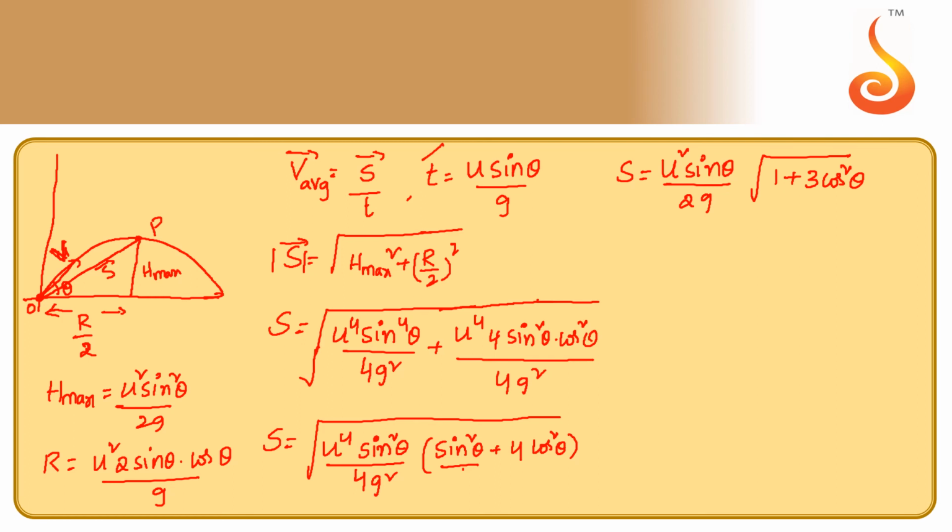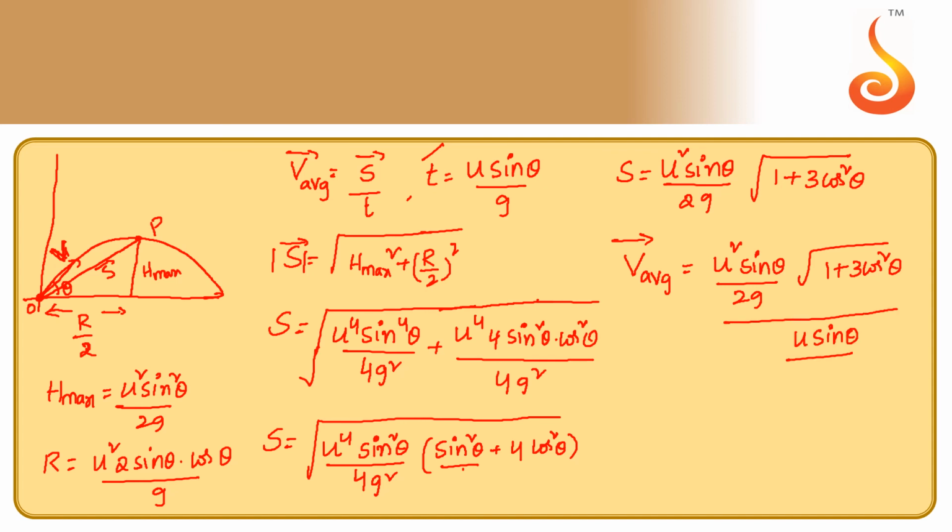So let us substitute average velocity. So average velocity is equal to displacement by time, which is nothing but u square sine theta by 2g into under root of 1 plus 3 cos square theta by u sine theta by g, because time is u sine theta by g.